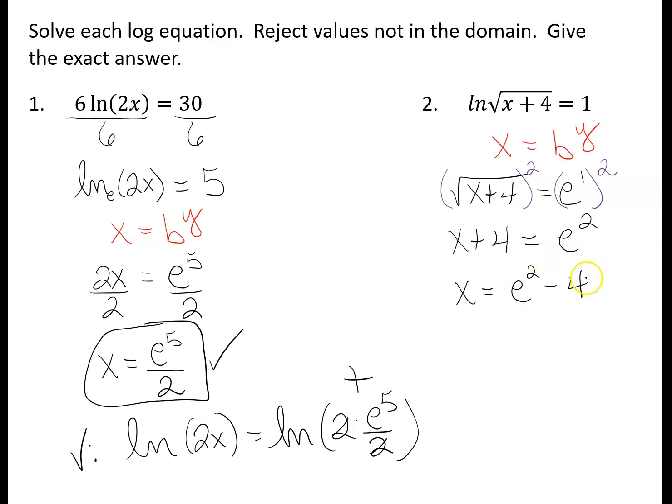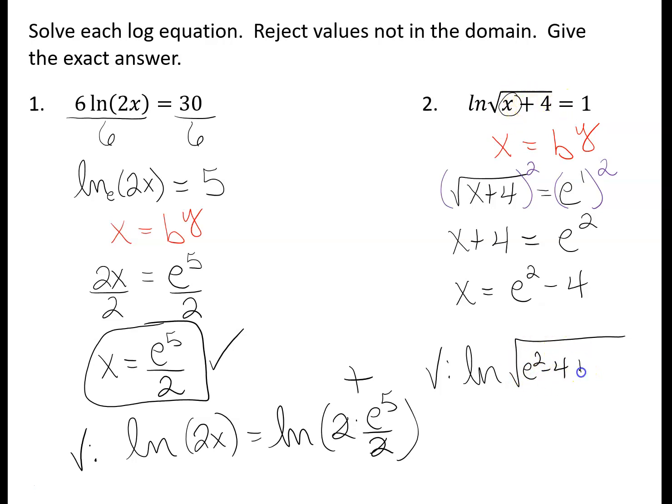And we're going to leave it in that form. I can't actually subtract those, and I don't want a decimal. So we're going to leave it as e squared minus 4. But then we need to think about checking. So I'm going to do log of the square root. Now in place of this x, I'm putting this whole thing, e squared minus 4. All of that goes where x is.